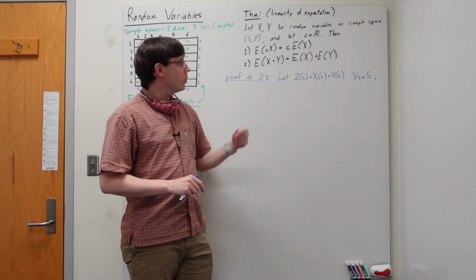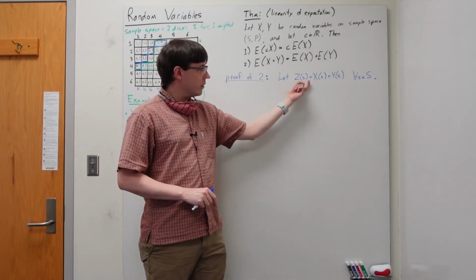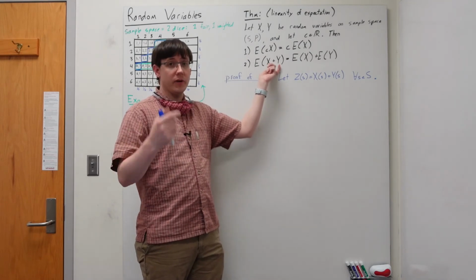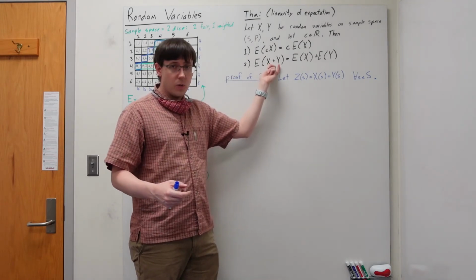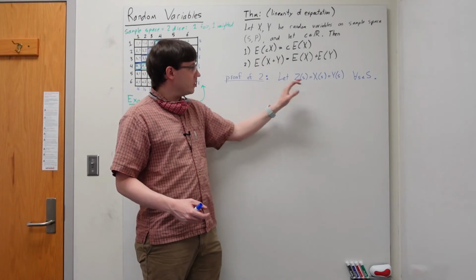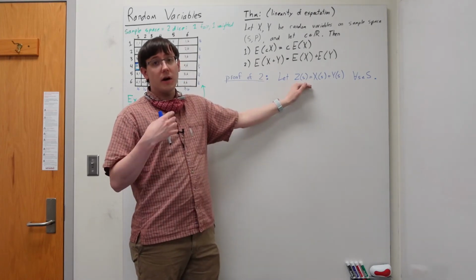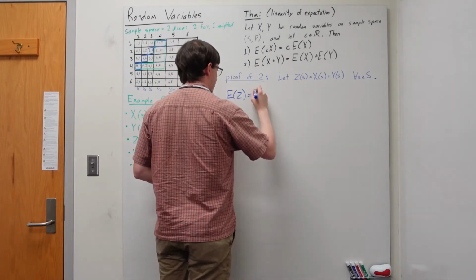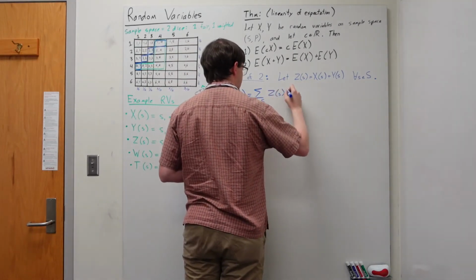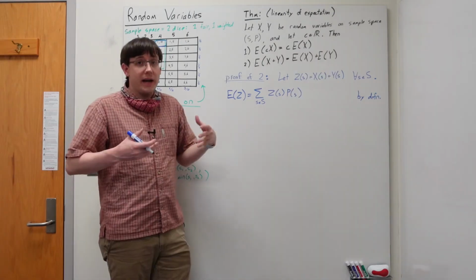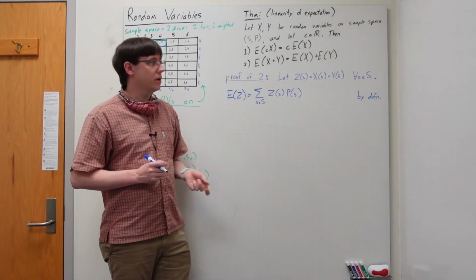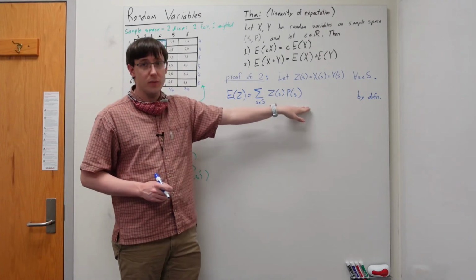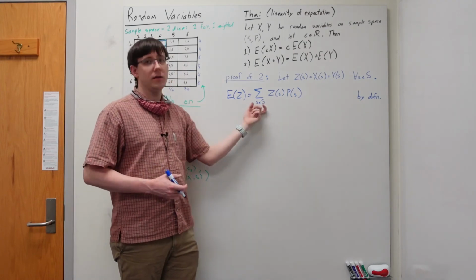For part 2, we start by defining a random variable that is the sum of 2 other random variables. And so we're thinking about the expectation of our random variable z. By our definition of expectation, the expectation of z is this probability weighted sum over all of the outcomes.